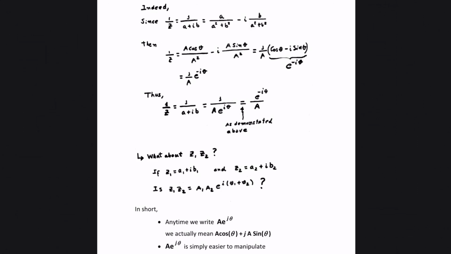And for polar representation, let us put the values of a and b in terms of the modulus and argument of this complex number. So we get cos theta minus i sin theta, and by applying Euler's formula, you see this is e to the power minus i theta. So actually 1 over z is equal to 1 by a times e to the power minus i theta, as claimed earlier.